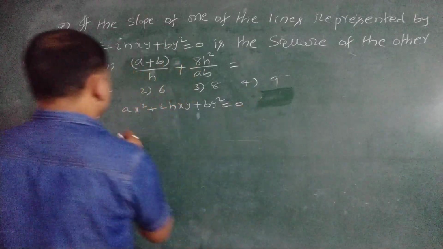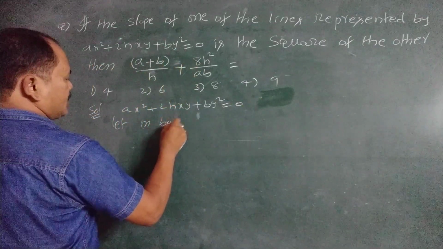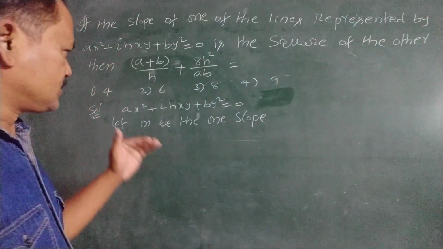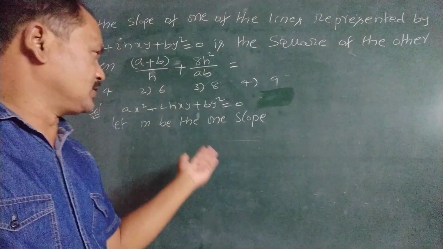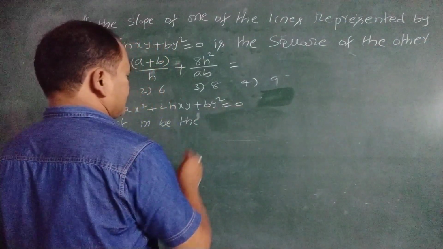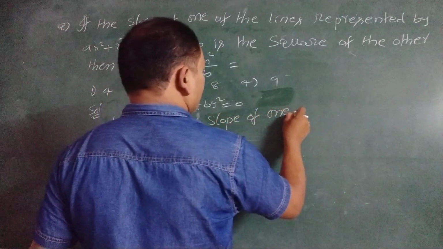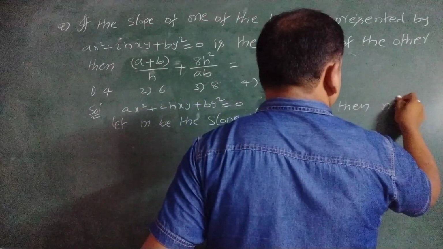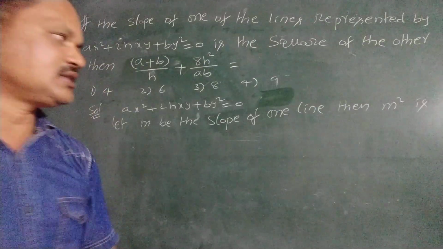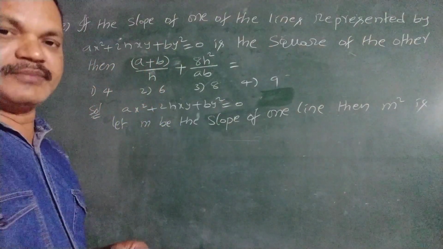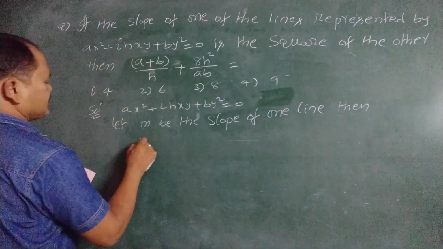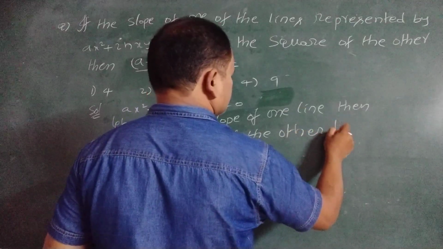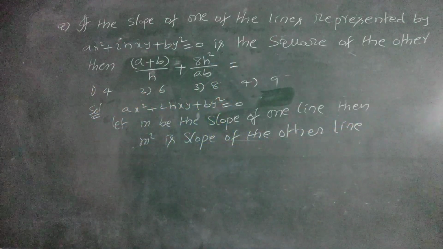Let m be the slope of one line. Then m² is the slope of the other line.